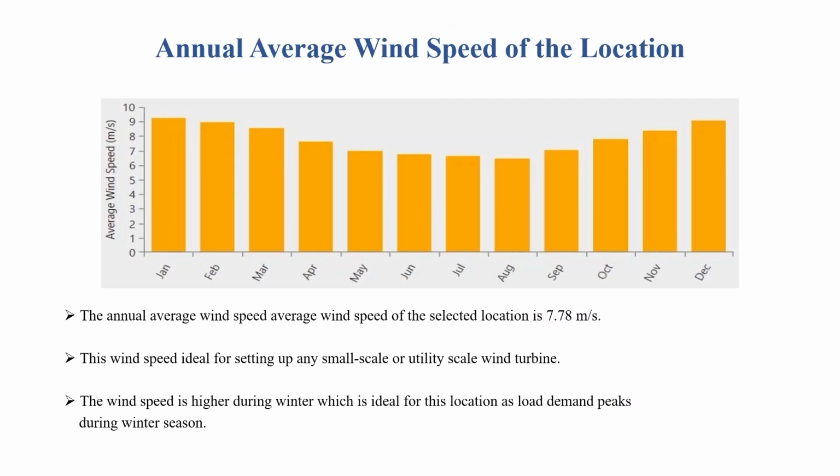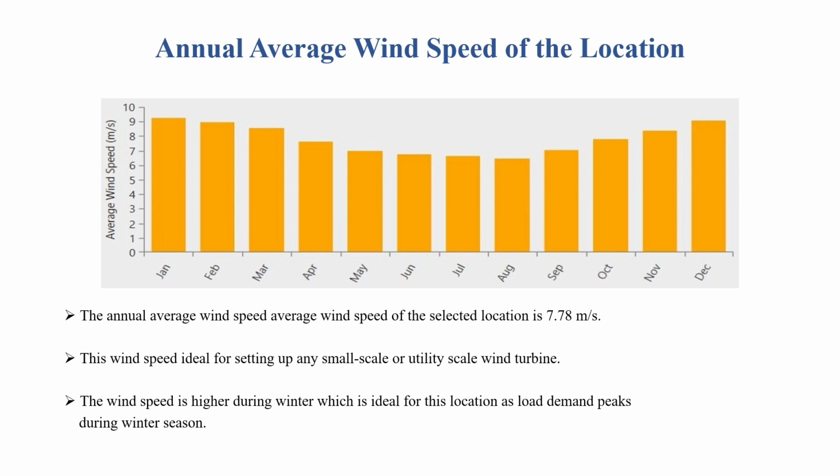Here is a bar chart where we can find the average wind speed of our desired location for different months of a year. We can see the annual average wind speed of our location is 7.78 meters per second, which is ideal for setting up a small-scale wind turbine system.